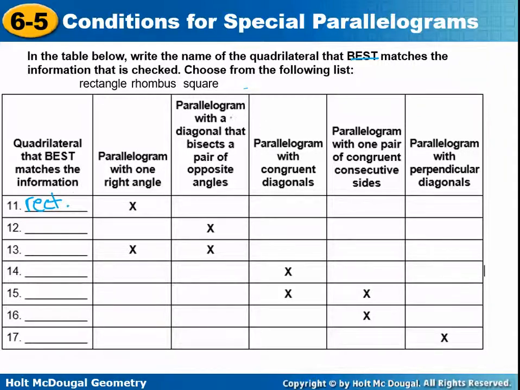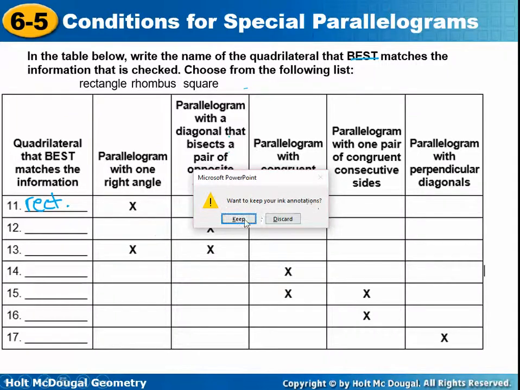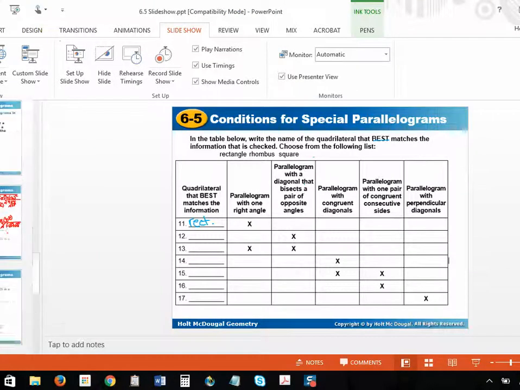Okay, the second one, number 12, the only box that's marked is this one: a parallelogram with a diagonal that bisects a pair of opposite angles. So if you look back at your theorems from this section, I'm going to go back to a different slide here so I can show you.